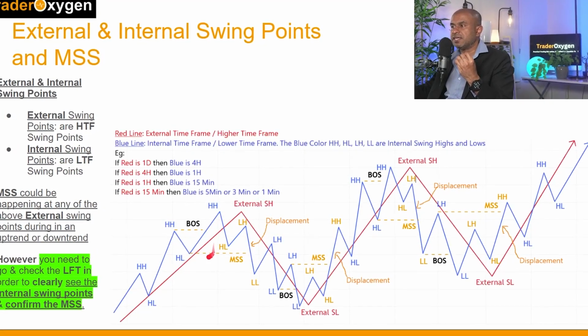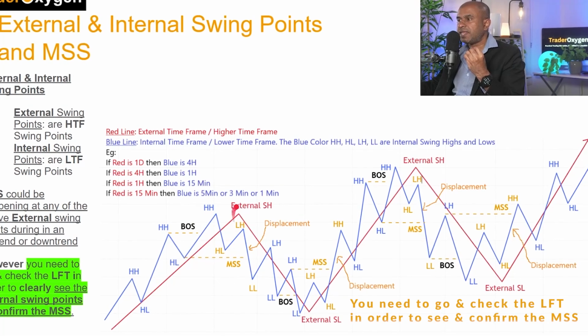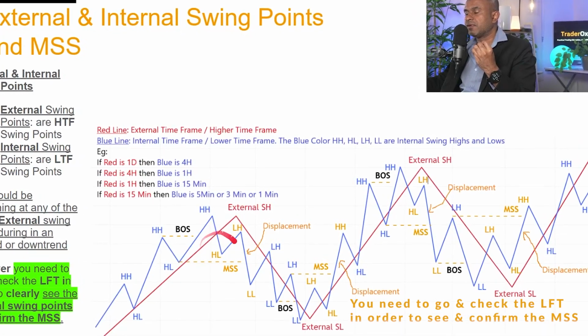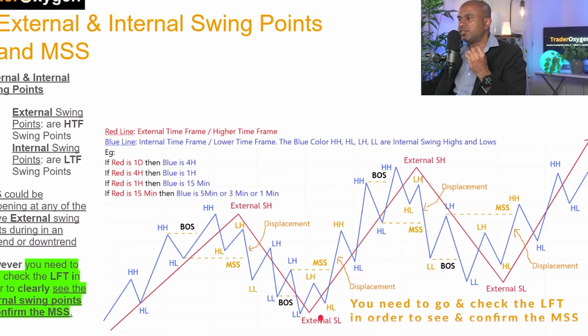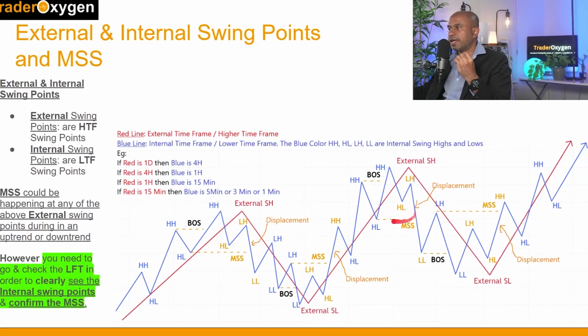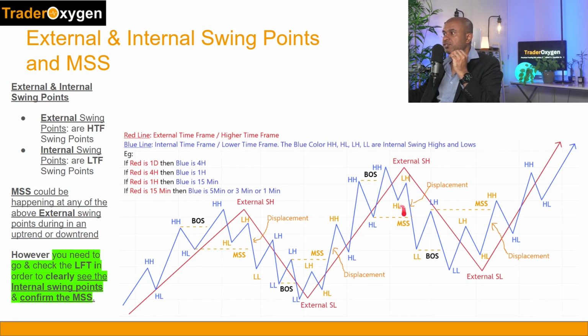As you can see, in the blue color area, there's a market structure shift here. So it's happening at the external swing point, but you confirm it by going to the lower time frame. Then again here, at the external swing point, you can see there's a market structure shift up. Again, here at the external swing point, there's a market structure shift down. Okay, let's see what's next.